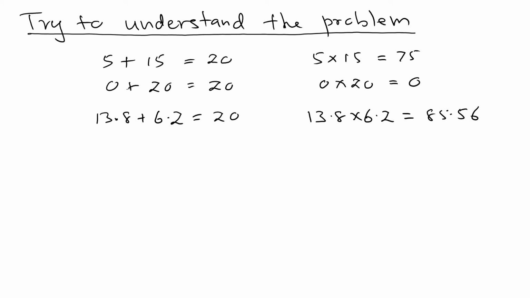Let's also look at a few other cases. For example, can there be two numbers where one is positive and one is negative? Let's say you take -5 plus 25. If you add -5 and 25, it also adds up to 20.